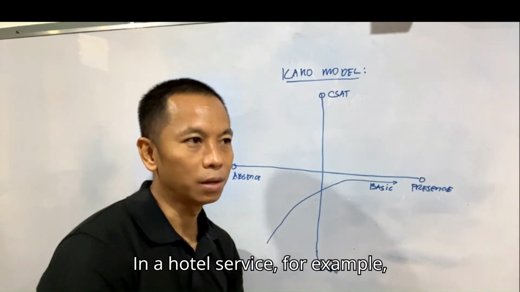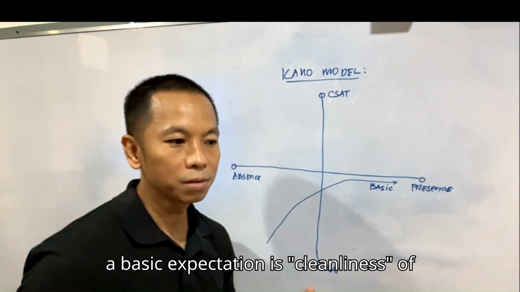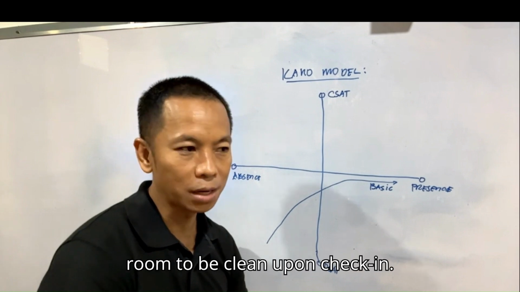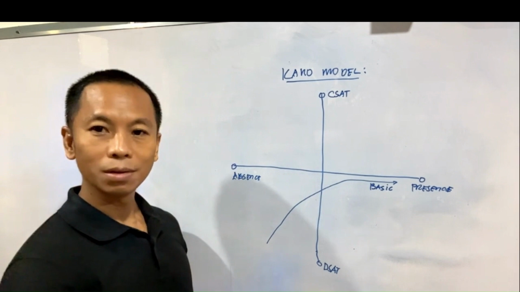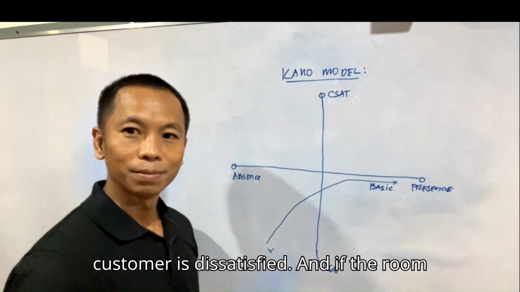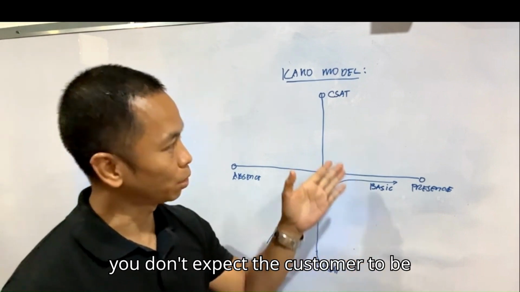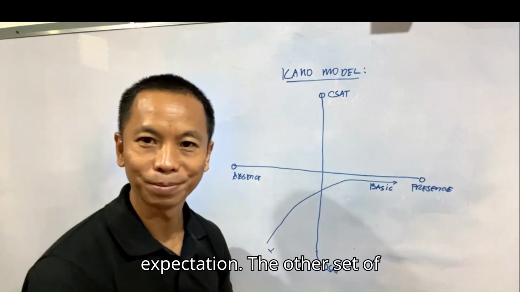In a hotel service, for example, a basic expectation is cleanliness of the room. Every guest expects a room to be clean upon check-in. Of course, if the room is dirty, the customer is dissatisfied. And if the room is clean, that is a basic expectation, so you don't expect the customer to be extremely happy.